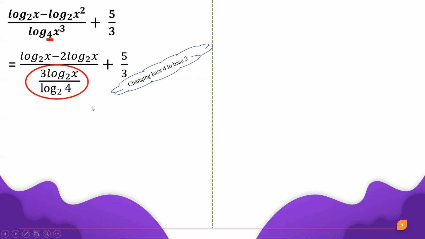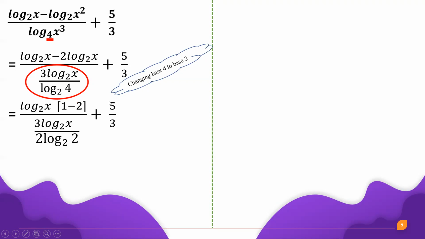So that's how you change from a bigger base to a smaller base. Also, you can do it the other way around. Now, as explained above, log base 2 of x is the common factor between these two terms. So you factorize it out to remain with 1 minus 2 over 3 log base 2 of x over log base 2 of 4. Now, where does this 2 come from? It comes from the 4.